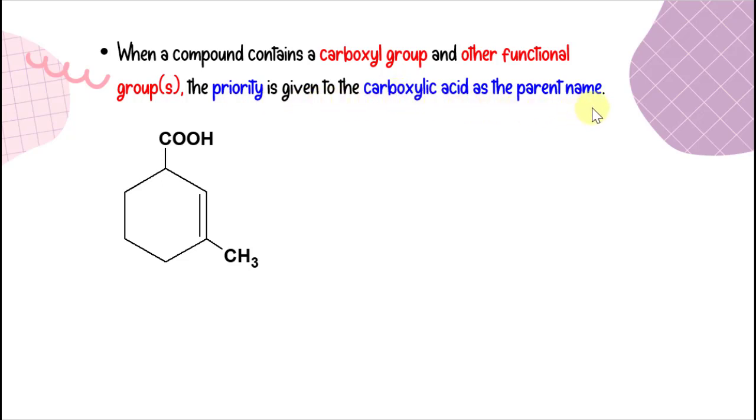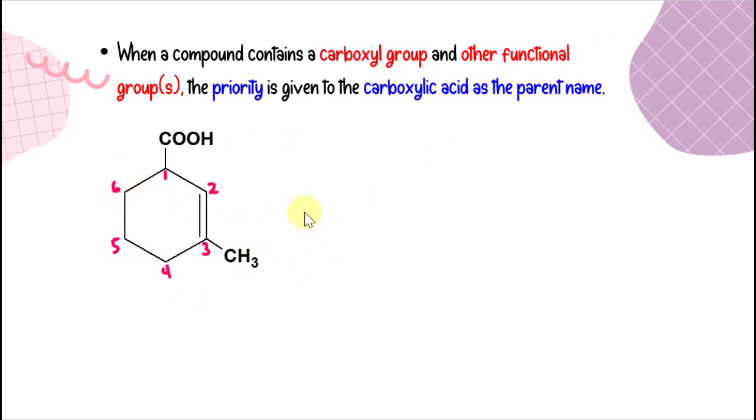When a compound contains a carboxyl group and another functional group, the priority is always given to the carboxylic acid as the parent name. Remember in chapter 6, we already introduced the list of priorities. The carboxylic acid has the highest priority, so if we have a carboxyl group and another functional group, it will become the parent name. So in this compound, this carbon will become our first carbon, second, third, fourth, fifth, and sixth.